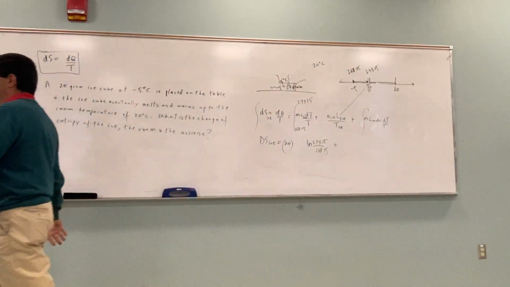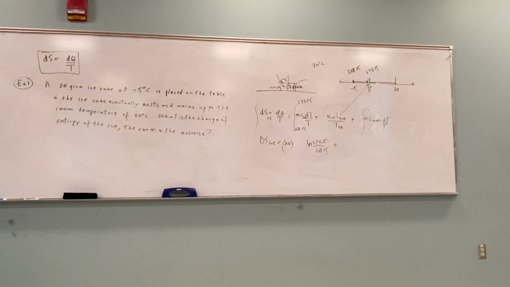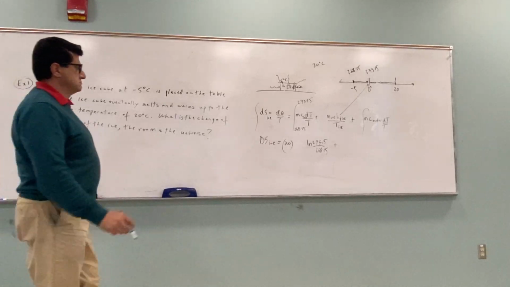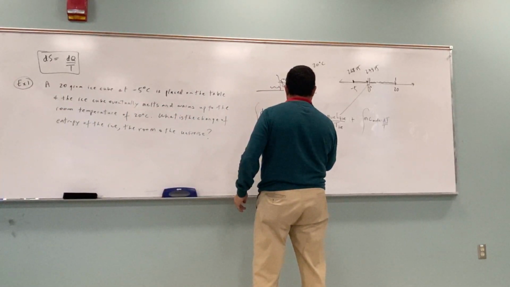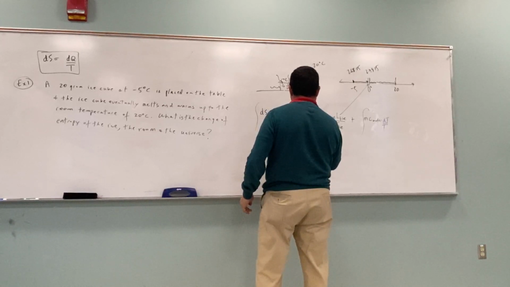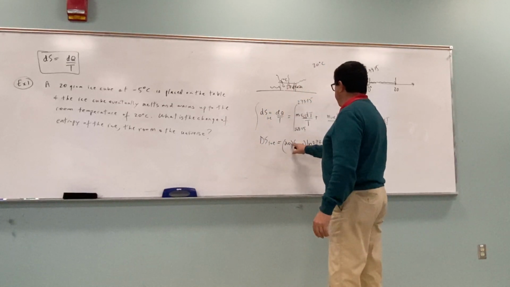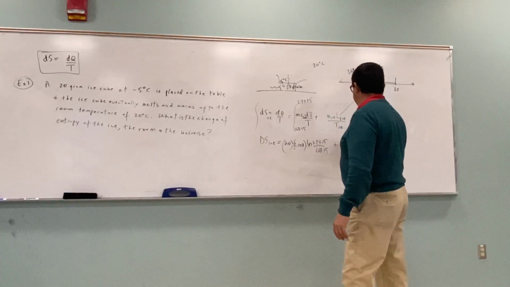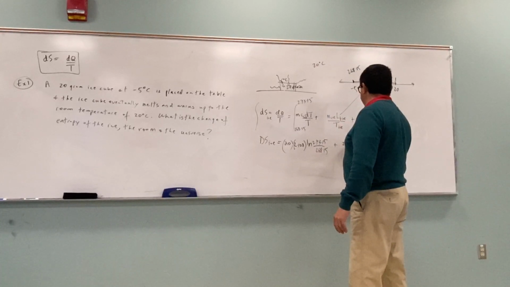It's about half of the specific heat of water. 2.108 joules per gram Celsius. So the gram will cancel there, ln, plus then you have 20 grams of ice.